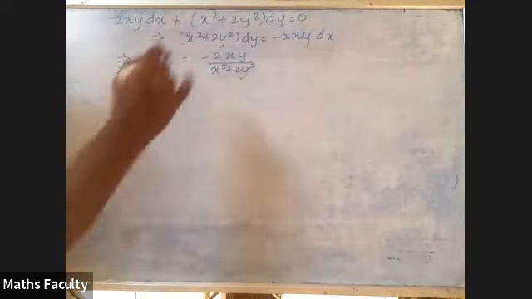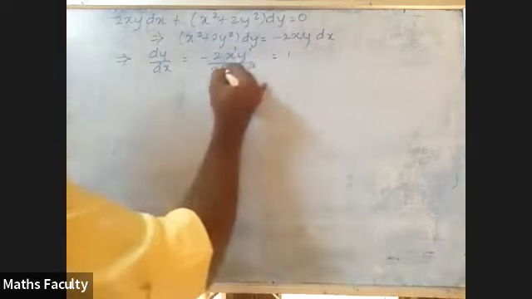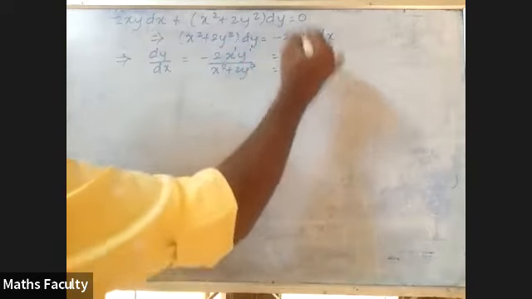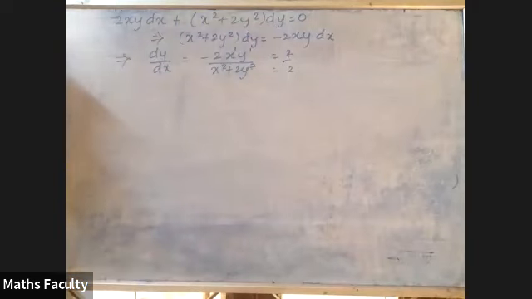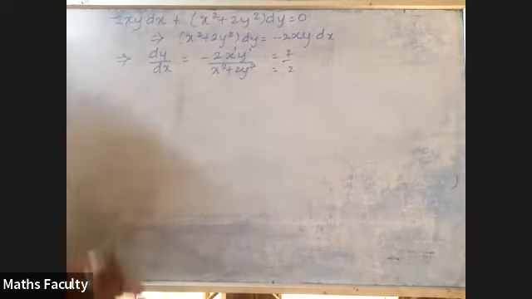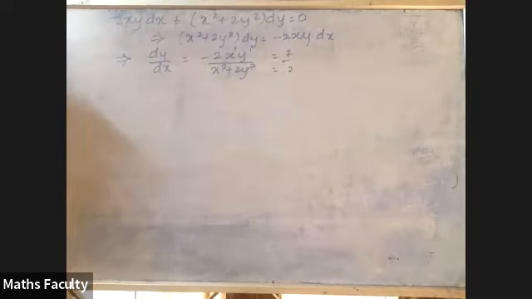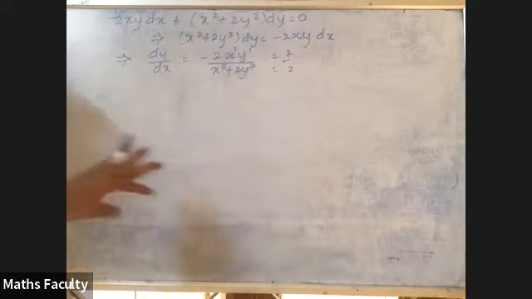See the numerator, the degree is 1 plus 1, 2. The denominator has degree 2. So I can say this is a homogeneous equation. Homogeneous means both numerator and denominator should have the same degree. The numerator has degree 2 and the denominator has degree 2.